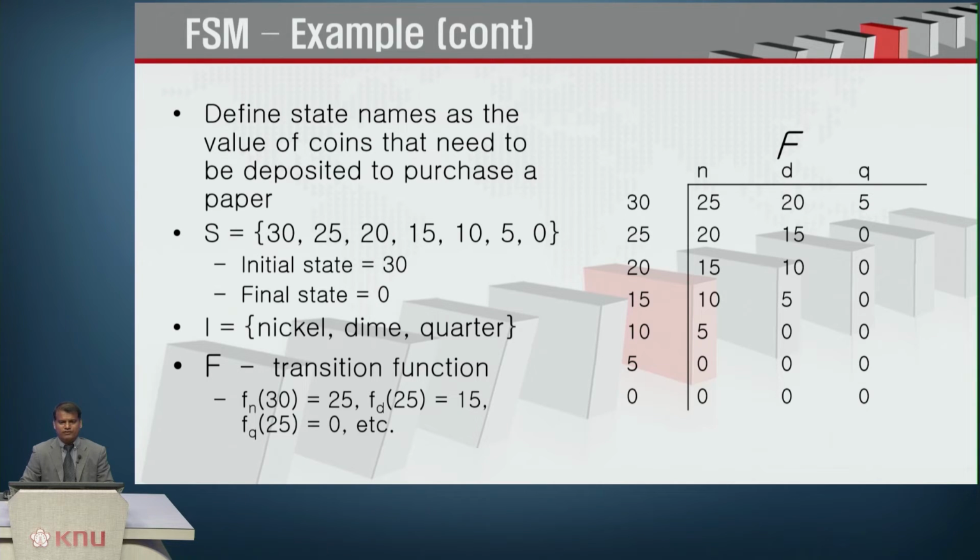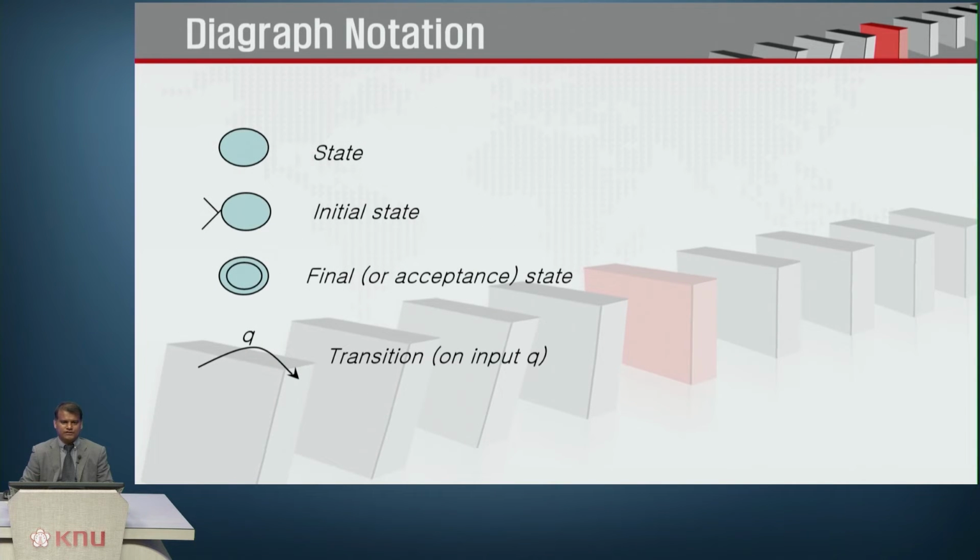So for example, we have different options for nickel, dime and quarter. Considering the given state, which can be 30, 25, 20, 15, 10, 5 and 0, accordingly you can expect the inputs from these conditions.